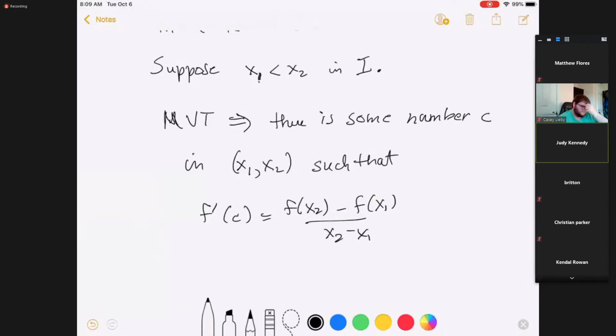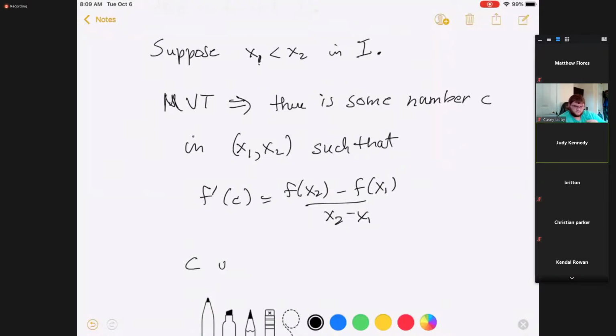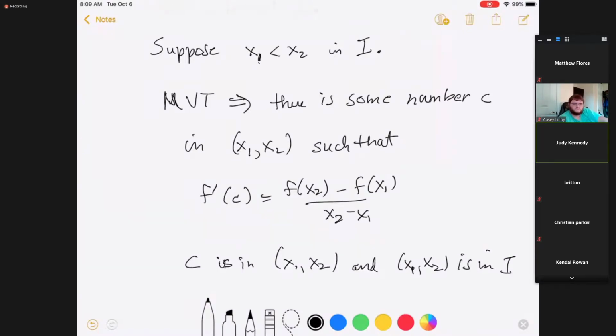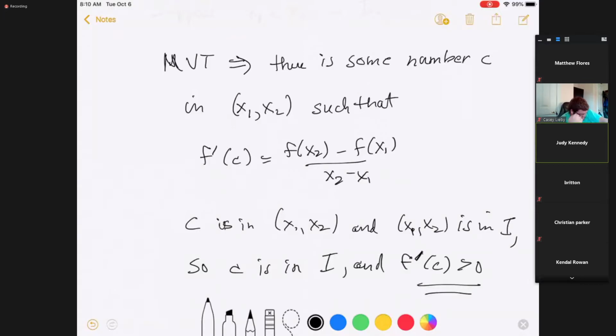But what do we know about f prime of c? Well, c is in the open interval from x1 to x2, which is in the bigger interval I. So c is in I, and remember we're assuming that f prime on the whole interval is positive, so f prime of c in particular is a positive number.